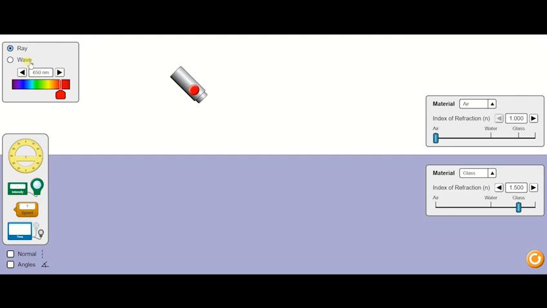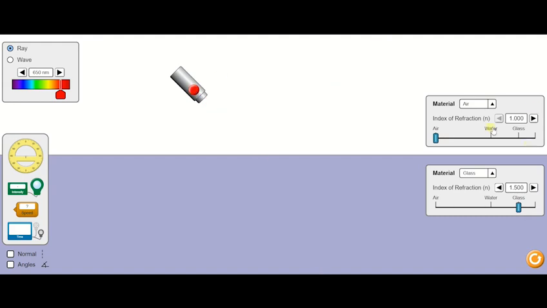It has both the particle nature, that is the ray nature, as well as the wave nature. Next, at the other end you have the protractor to measure the angles, the intensity meter to measure the intensity, the speed, etc. And this is the source from which you get the light.